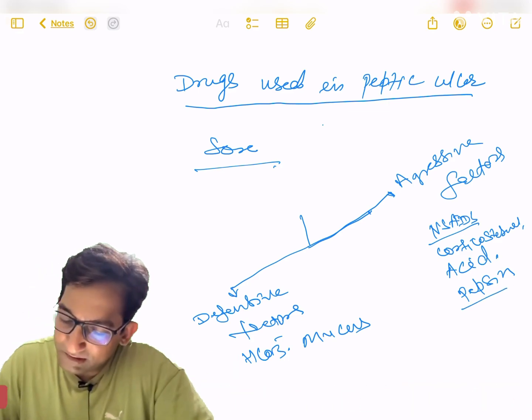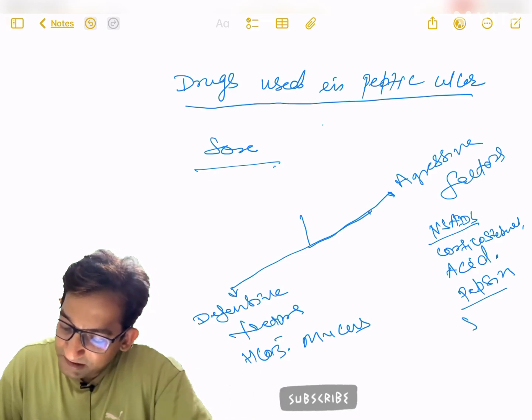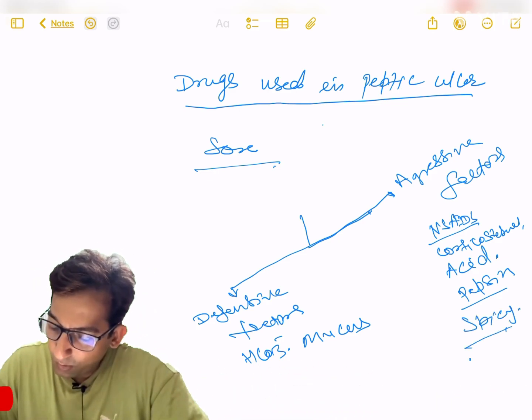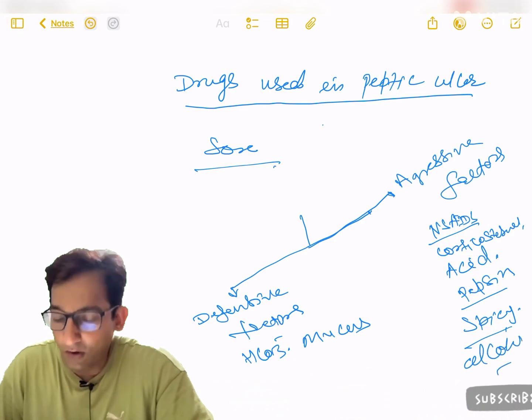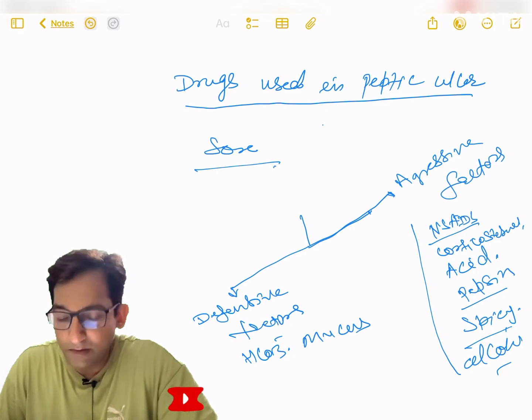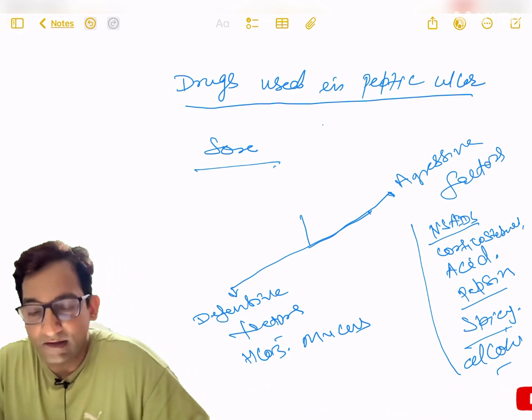All are examples of aggressive factors. Spicy food and alcohol are also examples of aggressive factors. Okay, so the imbalance between these two factors leads to peptic ulceration.